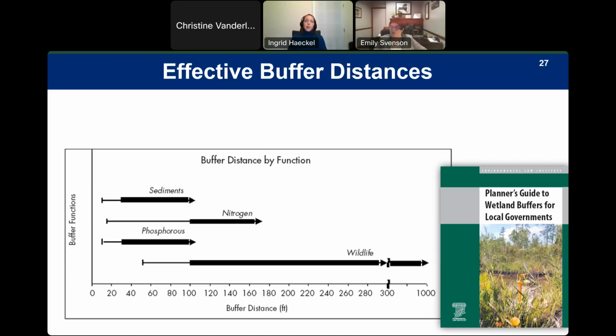So for example, a buffer of between 30 and 100 feet may be sufficient for sediment and phosphorus removal from runoff into a stream or wetland, but you may need up to 160 feet or more for nitrogen removal, or up to 300 feet or more for wildlife habitat protection. In general, the literature recommends at least a 100-foot buffer along streams to achieve most of these benefits.